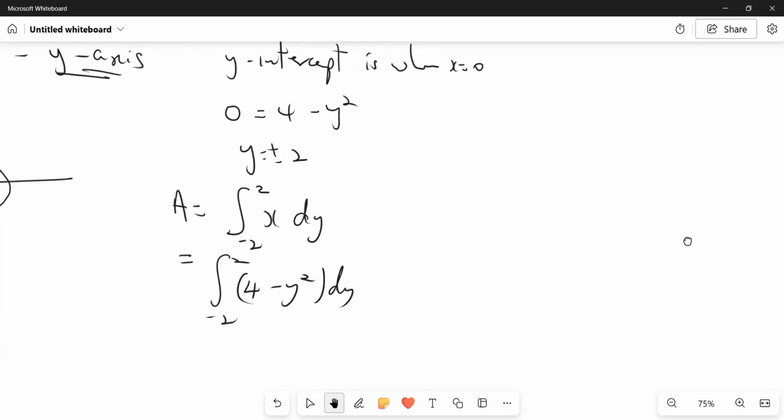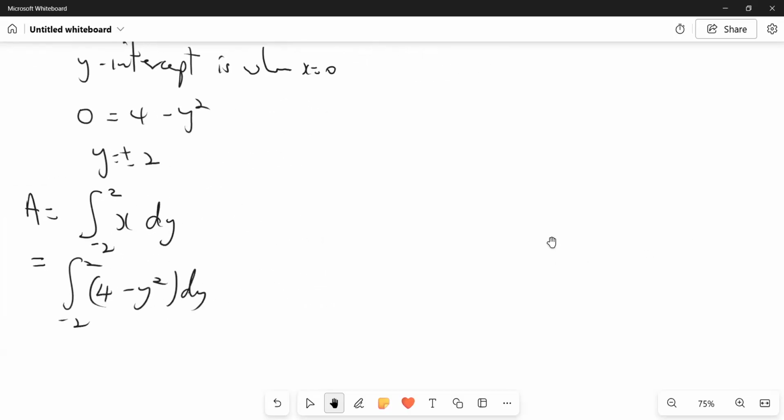Evaluate that, we'll get some horrible looking expression. When you integrate 4, you'll get 4y. When you integrate y squared, you get y cubed over 3, from minus 2 to 2, right?